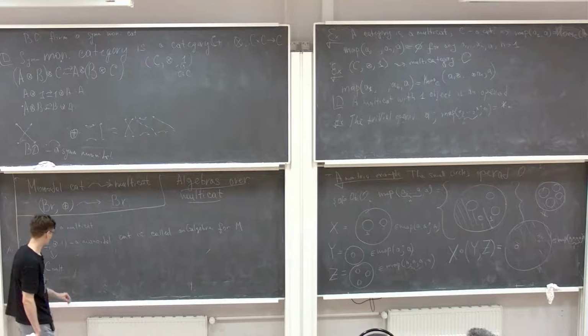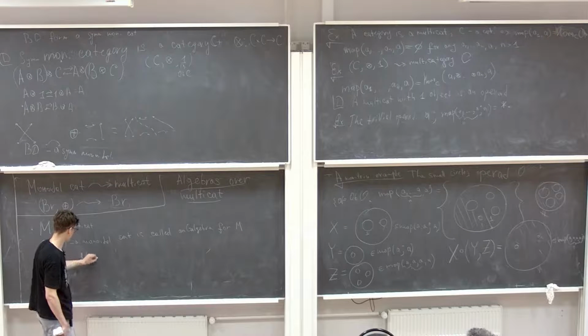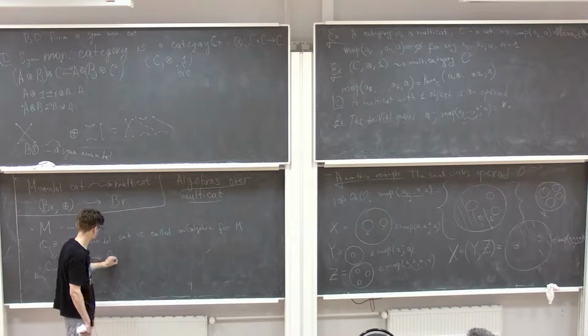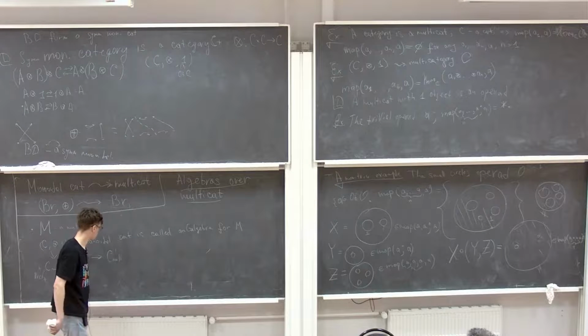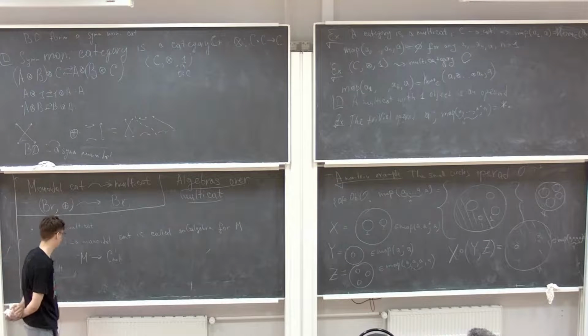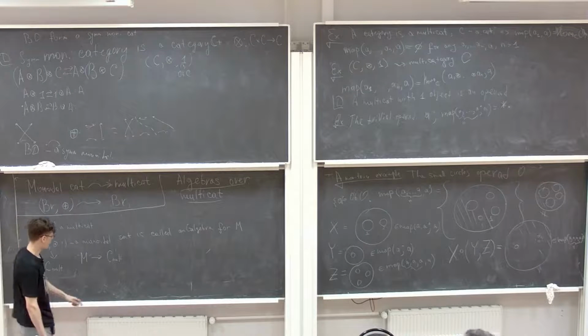So this is just a map from one multi-category to another that preserves the compositions. So just like a function. It's an algebra.